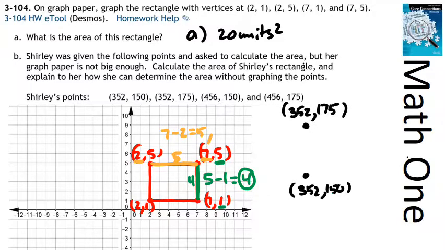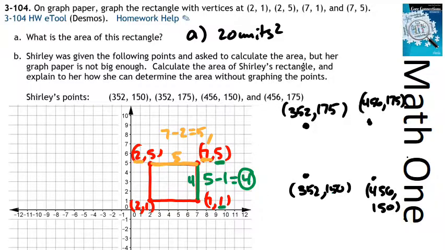It's going all the way over to x equals 456, and y is 150 still. It's silly that I ran out of room for that. And then the last point, x is still 456, and this time y equals 175.